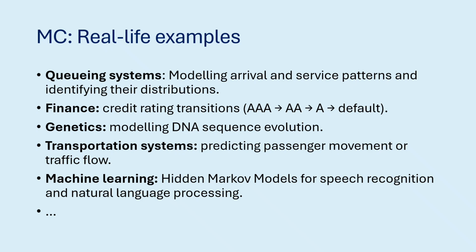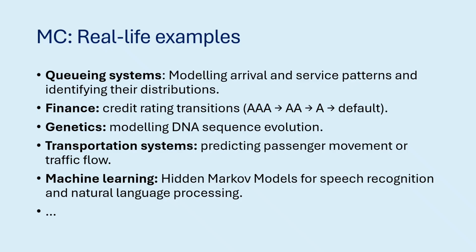In the same way, you can see many such examples in practical contexts. Queuing systems are one, where we model arrival and service patterns and identify the distributions. Credit rating transitions are very often studied in financial applications.